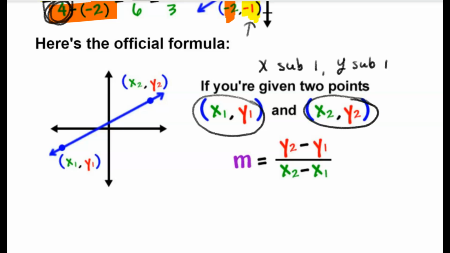Sub means subscript, like a submarine, down low. You get to choose whichever one is which. It really doesn't matter. Remember, slope is a constant rate of change.